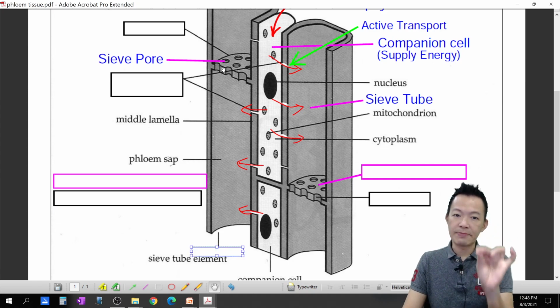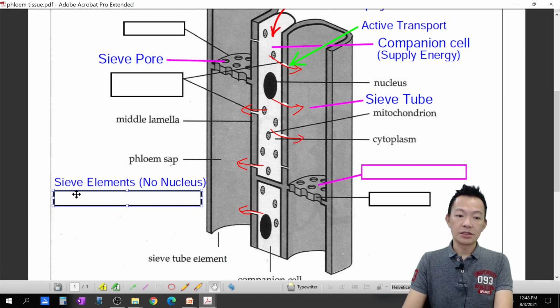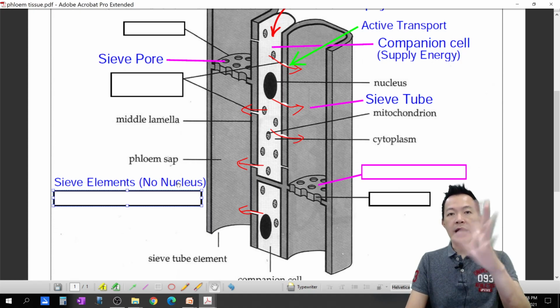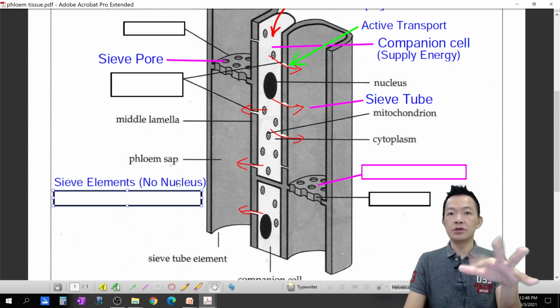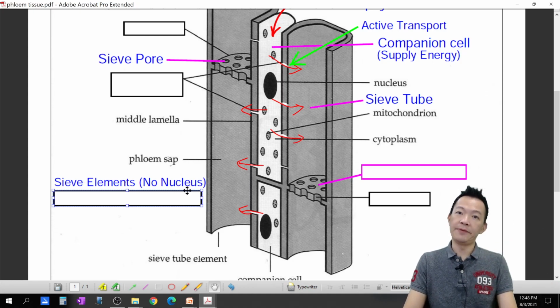So the sieve tube is actually made up of what? Sieve tube elements.